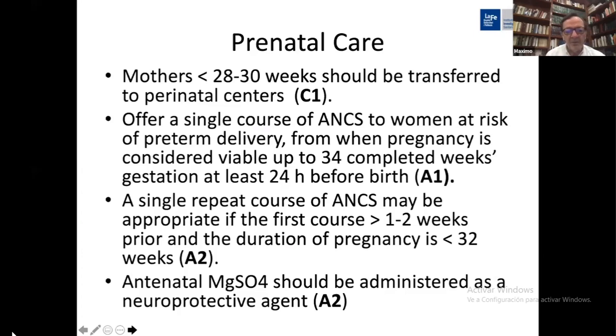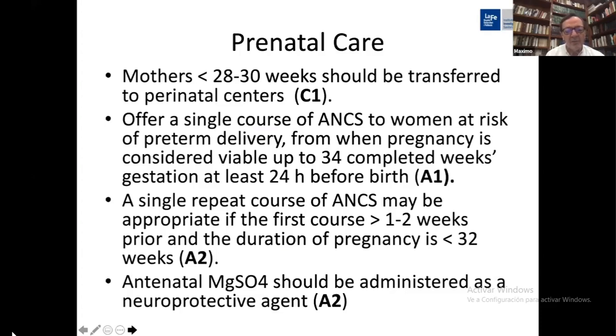A single repeat course of antenatal steroids may be appropriate if the first course was more than 1 to 2 weeks prior and the duration of pregnancy is less than 32 weeks. This is something that is still under discussion, but it's being quite frequently applied in Europe.